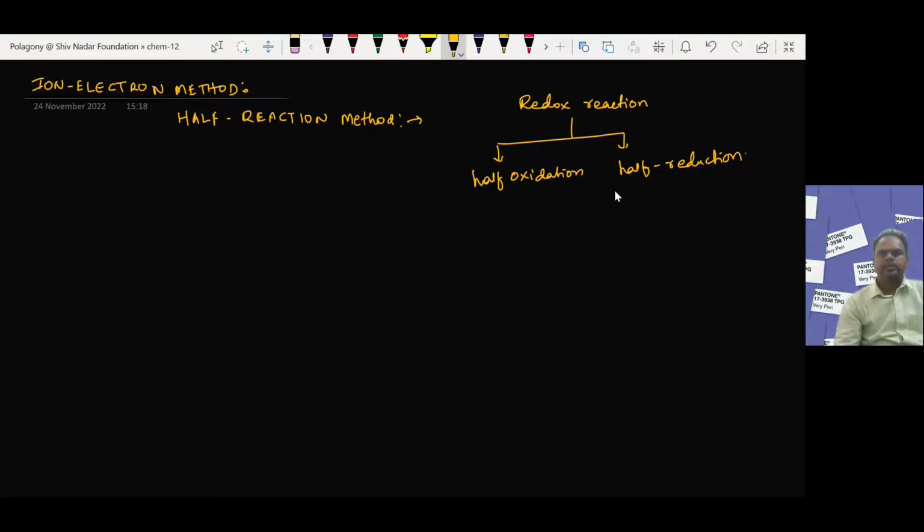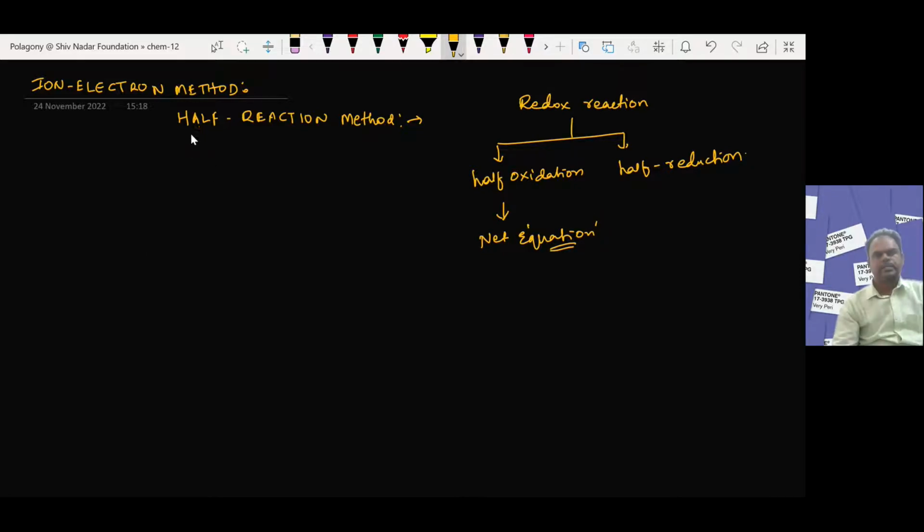By combining these two equations, we get the net combined equation, and that net equation is the balanced equation.